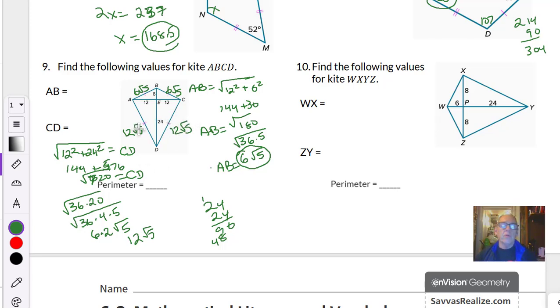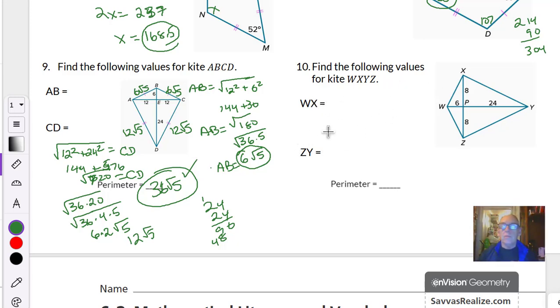So altogether the perimeter is 12 root 5 plus 24 root 5, 36 times the square root of 5. Now you could do this in decimals, but this is the exact answer rather than the decimal answer.